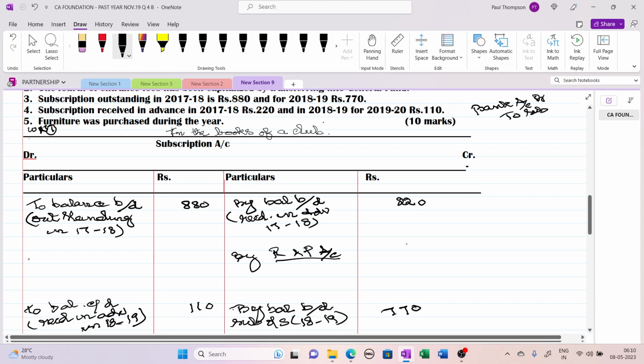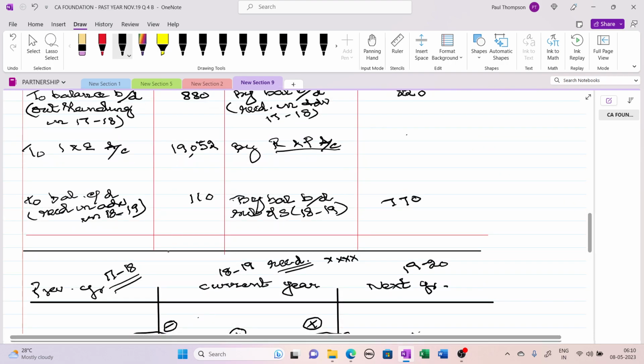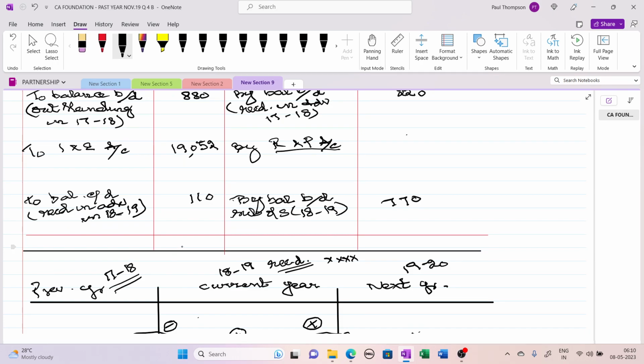But they have given our income and expenditure account. So to income and expenditure account, they have already given the balance 19052. Now simply we have to find out the balancing figure. Okay. Now 880, 19052 and 110 is 20042.